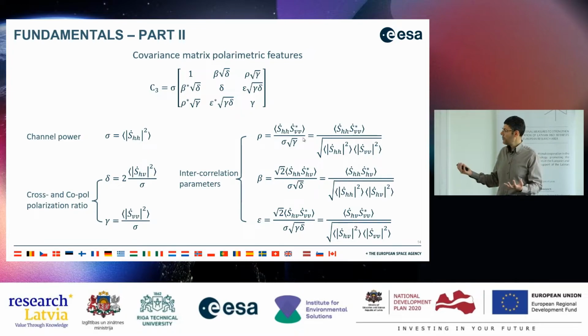Here, in polarimetry, you have two different channels, so the HH and VV, and you can estimate the correlation between these two channels. Okay, some of the parameters here are used for oil spill and ship detection, and that's the reason why I wanted to give you a little bit of overview.